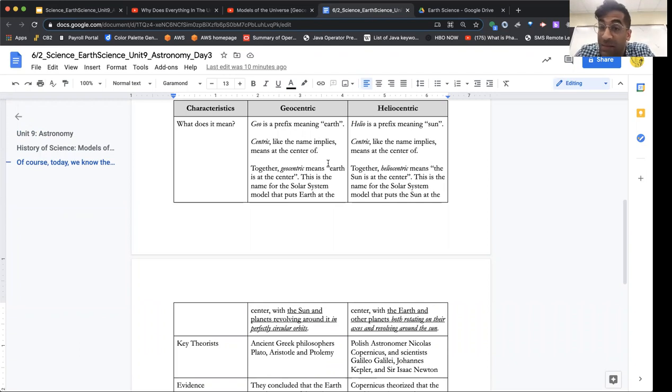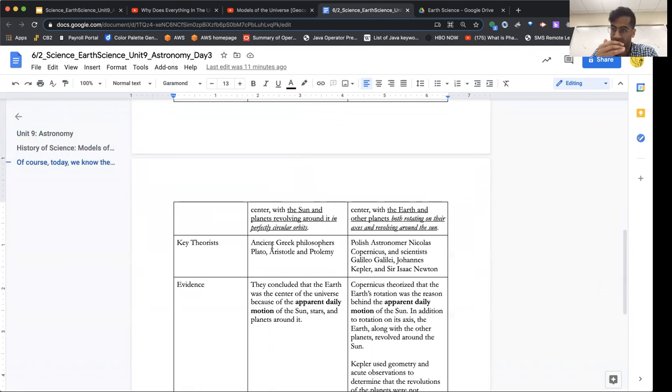Geo is a prefix, it means Earth. Centric means center of, so geocentric together means Earth is at the center. And if we look back at historical documents from ancient Greek astronomers and philosophers, we can see that they put the Earth at the center, and then they put planets and the sun revolving around it in perfectly circular orbits.